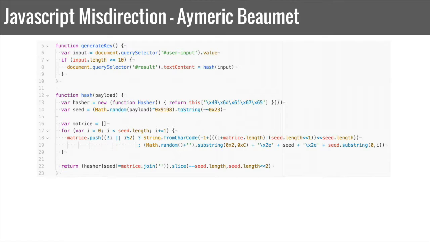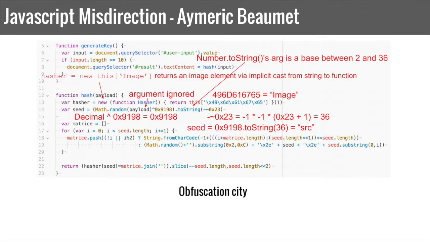And so it's not that helpful of an example to look at very subtle underhanded code, but there's a lot of interesting things in JavaScript that this is taking advantage of. And so I want to go through a few of them with you, just so we can get a sense of how much can go wrong in just a short amount of code. So let's just focus on 2 lines, line 13 and 14. Just briefly, in the generate key function, we're getting some user input.